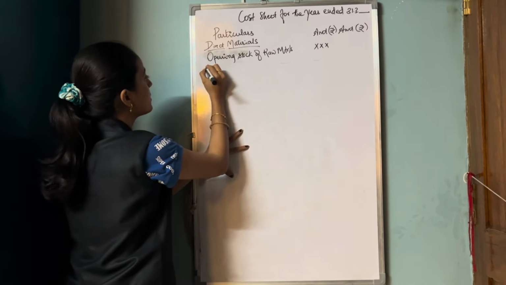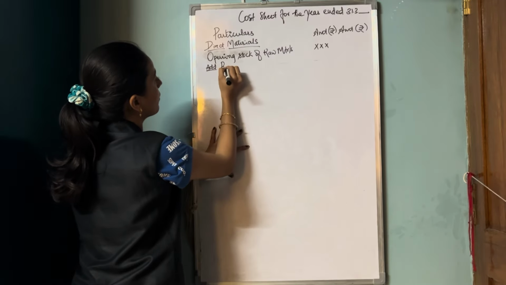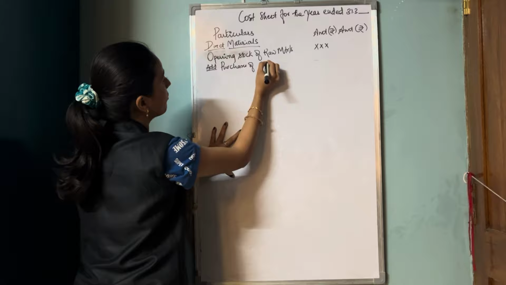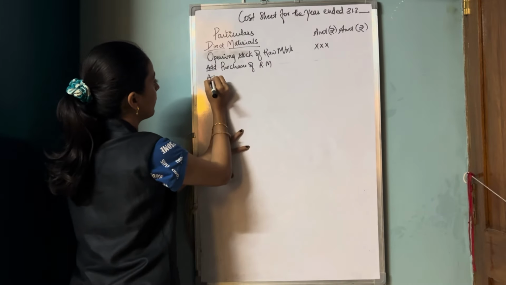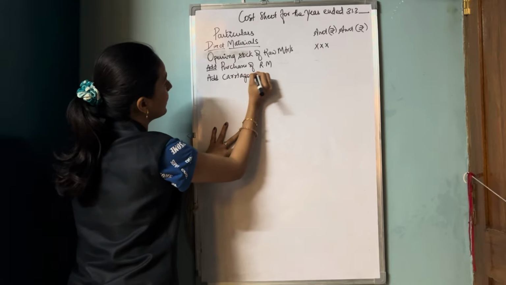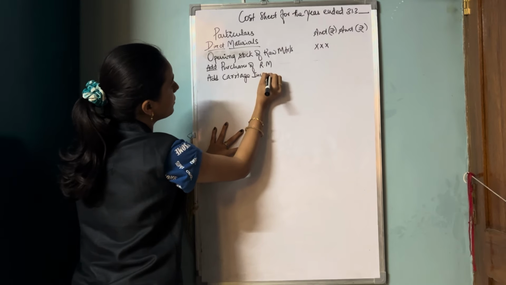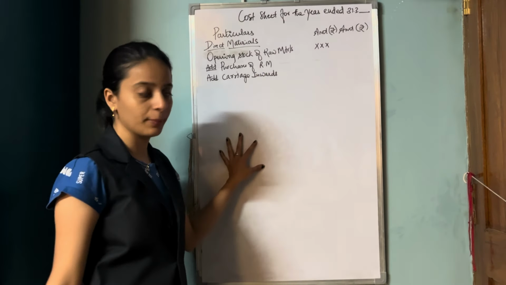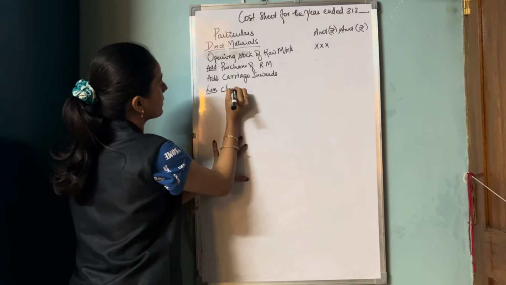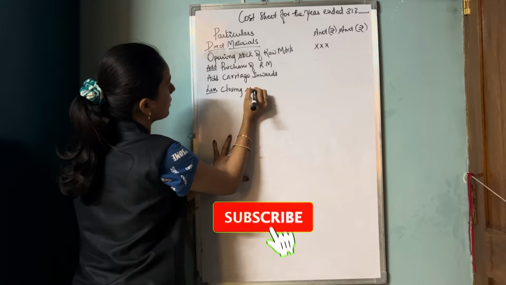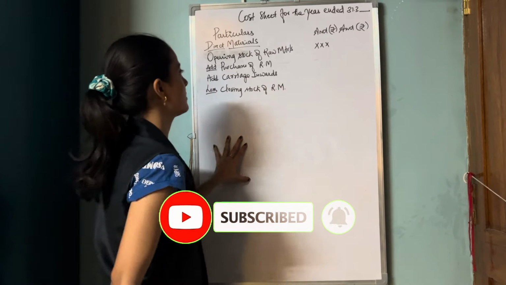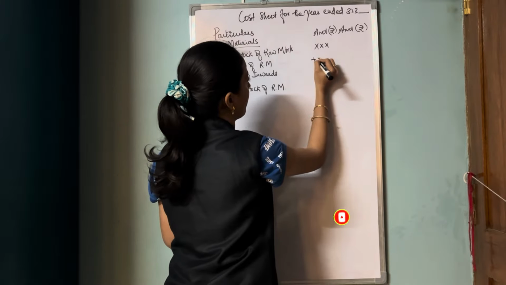To this, we have to always add the purchases of raw materials, add carriage inwards, freight, octroi, and less closing stock of raw materials.